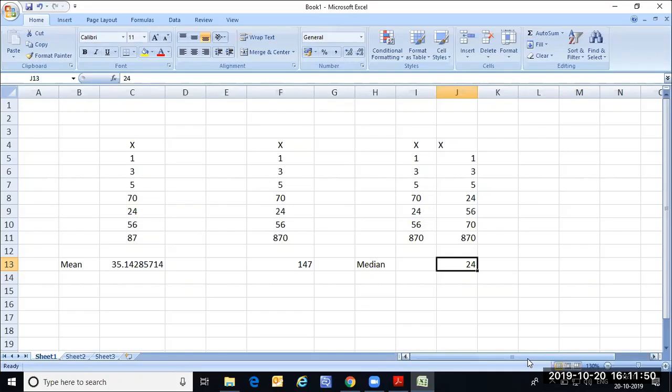Am I clear? That's fine. Since we have 7 values, we just straight away took the middlemost value.